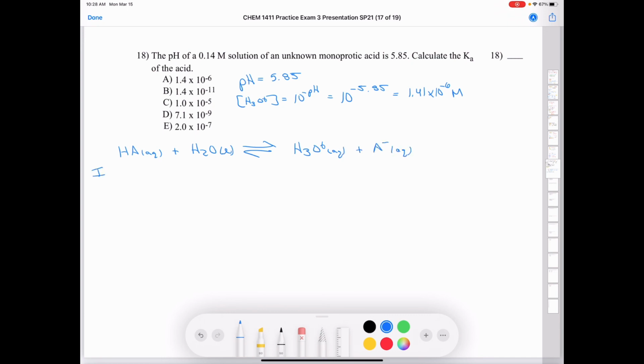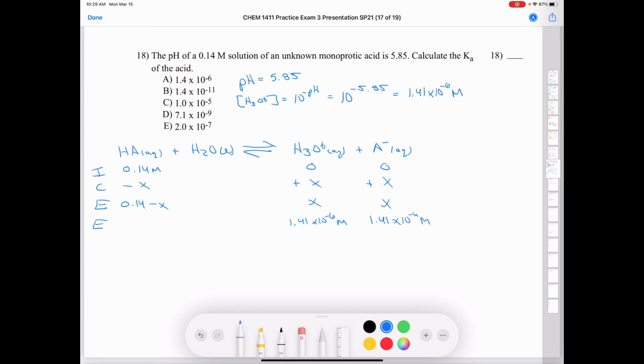I know that initially I'm starting out with 0.14 molar of my weak acid, none of these, and then I have some change, or I'm going to lose X, I'm going to gain X over here and gain X over here, and at equilibrium I have 0.14 minus X, I have X and X here. But I know that my X is equal to 1.41 times 10 to the negative 6 molar, and I know that it's going to be the same thing for the conjugate base.